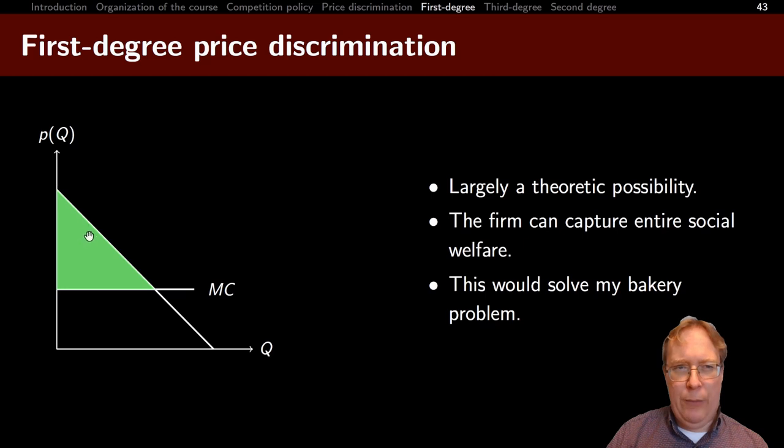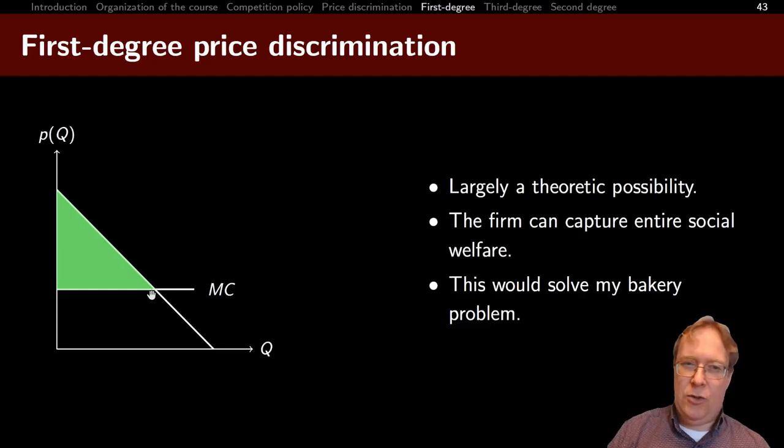Well, my firm, back to my bakery, will charge everybody exactly their willingness to pay. And it also means that it's willing to supply up to marginal cost, right? If my willingness to pay is slightly higher than marginal cost, this monopolist is still willing to provide me with bread, and it will be willing to do so for everyone who has a willingness to pay higher or equal to marginal cost.